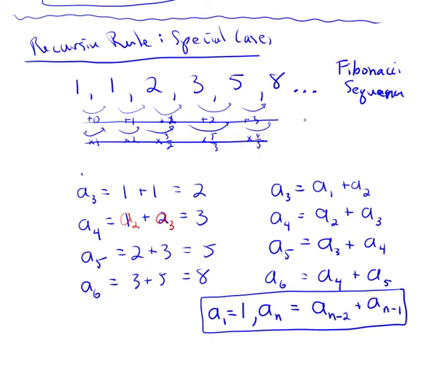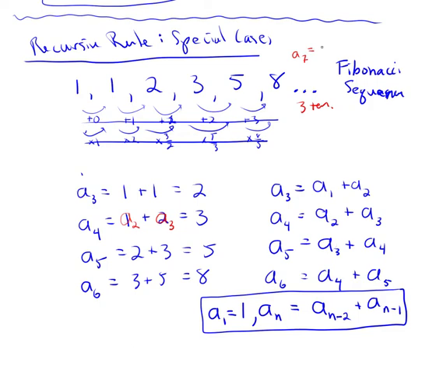So now let's take a look at whether we can find the next three terms in this sequence. If we think about the sequence numbers a sub n, we're thinking about 1, 2, 3, 4, 5, 6. So we've got the sixth one. We want a sub 7.